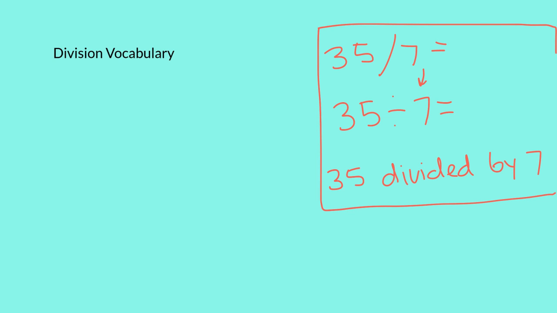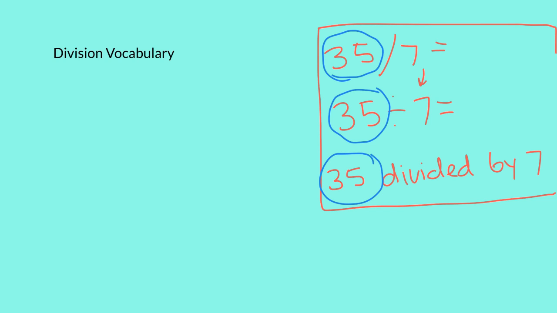Okay, now the other thing I want to talk about quick is division vocabulary. In our division problem, we actually have 3 parts. We have what is called our dividend, and that is the number we are breaking into pieces. So in this case, 35 would be our dividend. That is the number we are breaking into pieces.